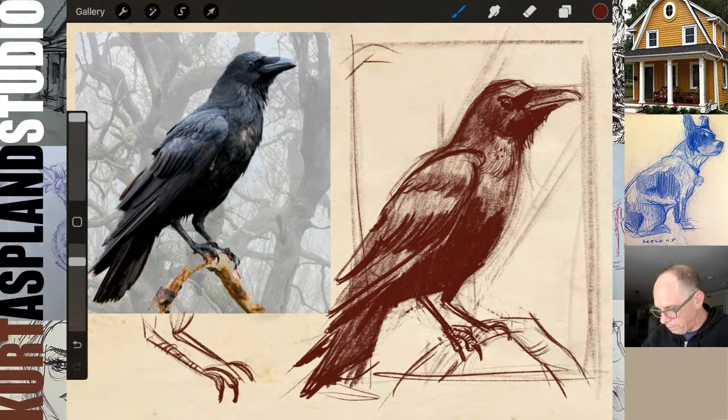Let's add some surface lines there. And then we'll add some surface lines here. Go slowly.